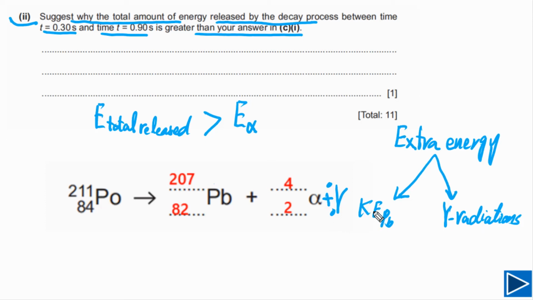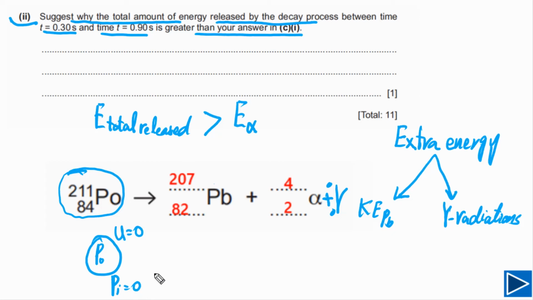Now let's try to understand how it becomes the kinetic energy of Pb. The polonium nucleus initially is at rest, so I will redraw the polonium here. Initially it is at rest, so u is 0, and the momentum of this, P initial, is also 0. Momentum has to be conserved in any decay.